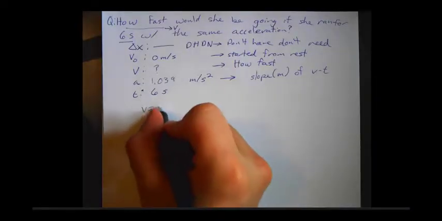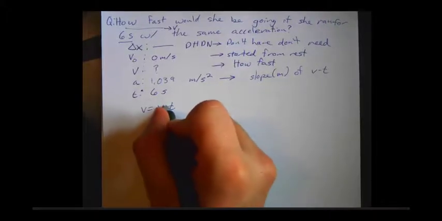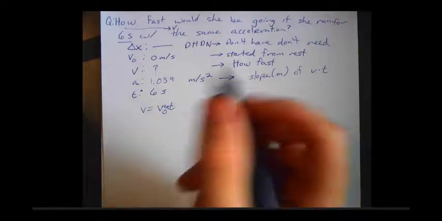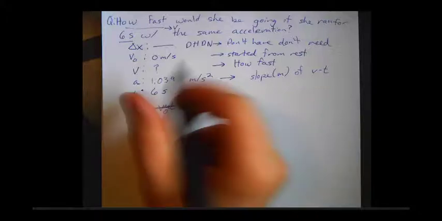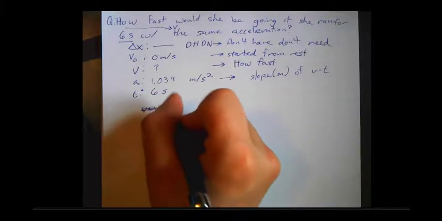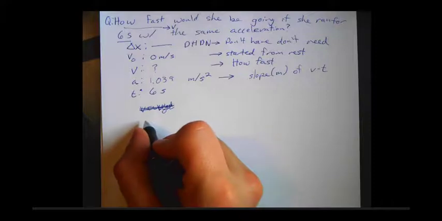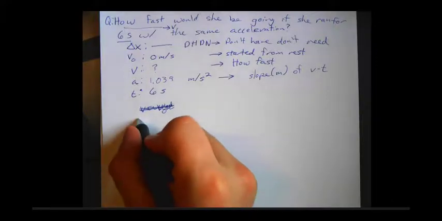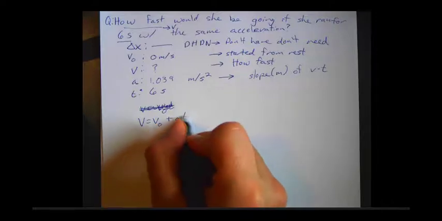So the equation is v equals v naught plus at.